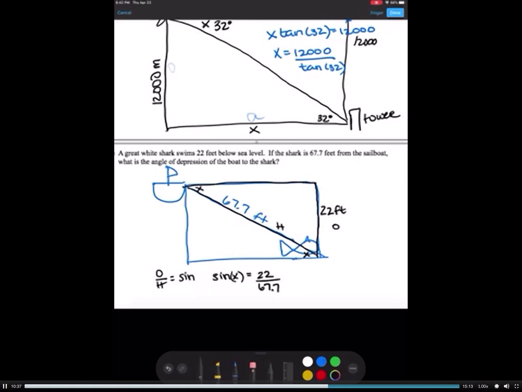I'm looking for x. When I'm looking for the angle, I've got to find the inverse. So inverse sine 22 over 67.7 equals x. Type that into your calculator.